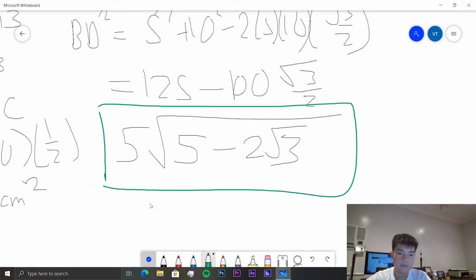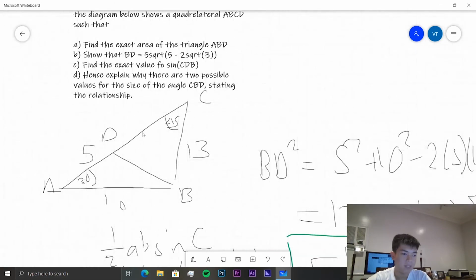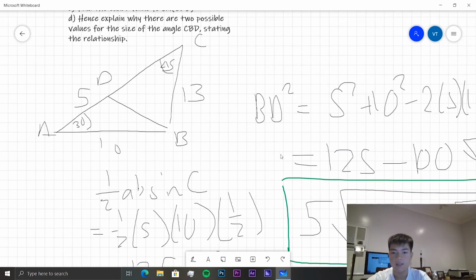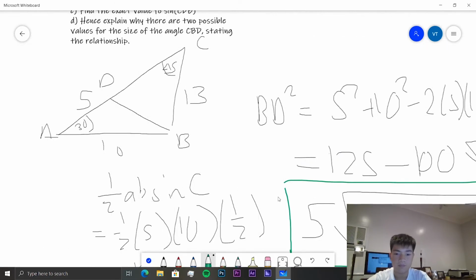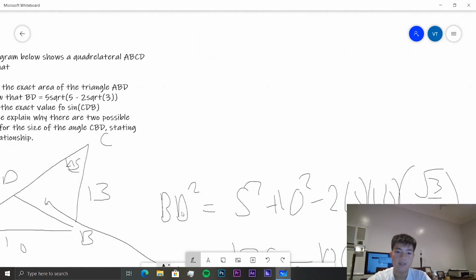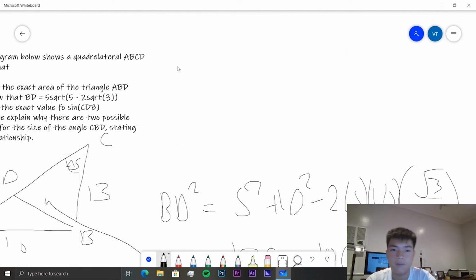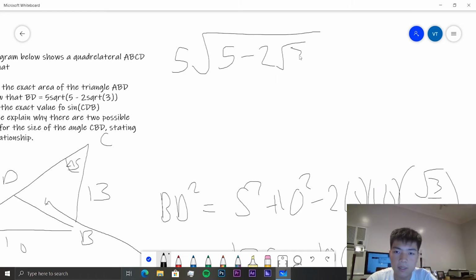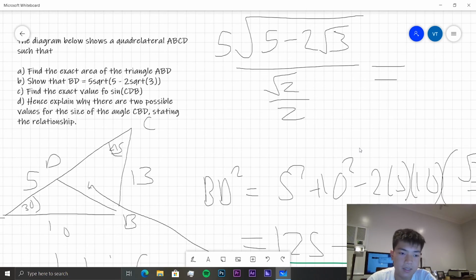Next, find the exact value of sine CDB. So we need to find this sine value. We know this side now. This side is here, and we have 13. So we know that 5 root 5 minus 2 root 3 over sine 45, which is root 2 over 2, should be equal to 13 over sine CBD.